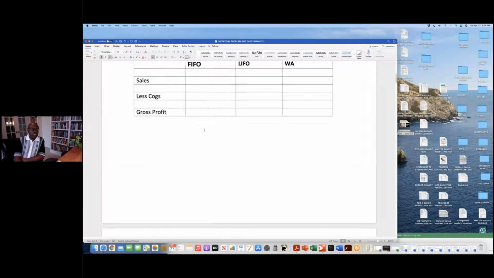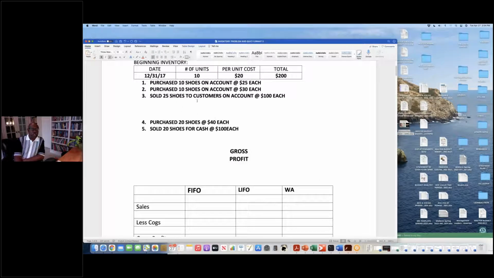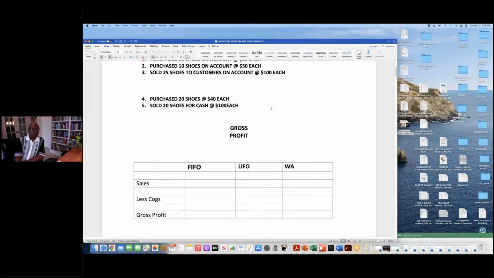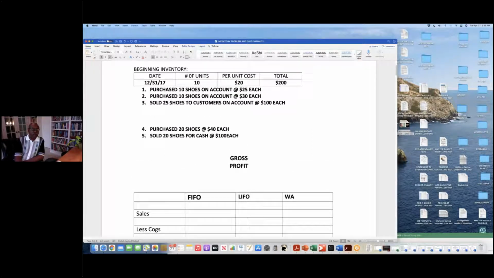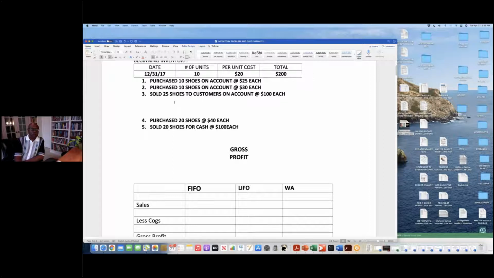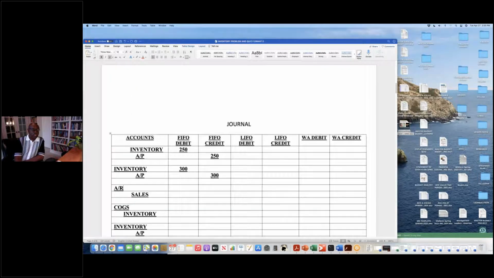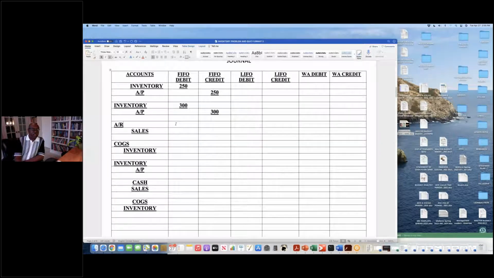If we sell 25 pairs of shoes for $100 each, how much money are we going to get? 2,500. So we're going to debit cash for 2,500, and we're going to credit sales for 2,500.